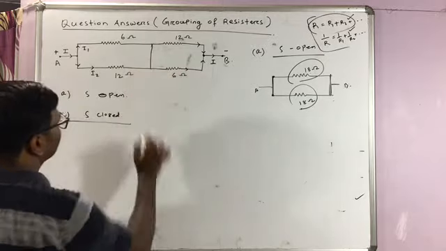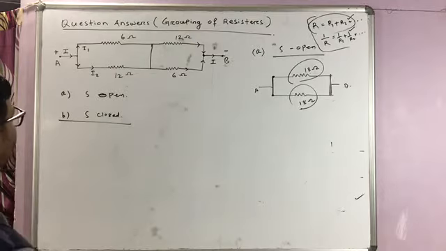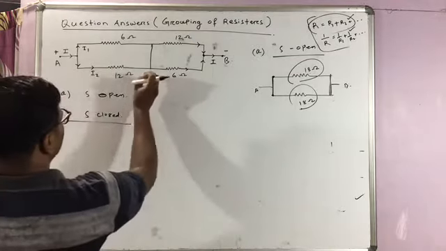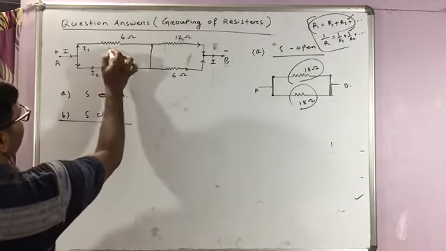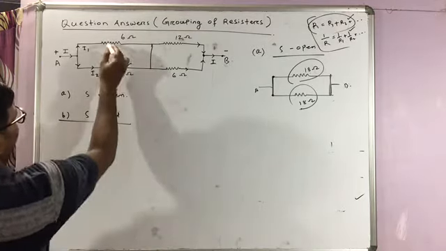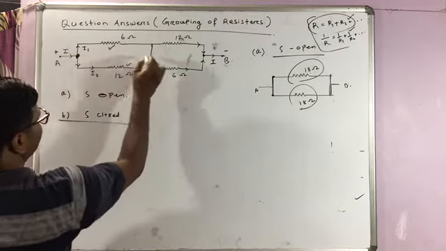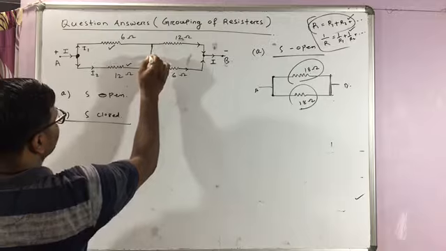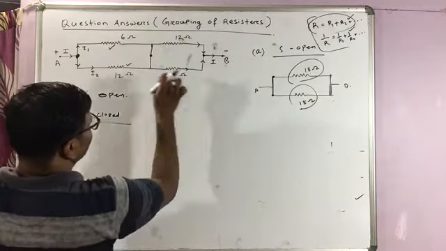Got? So in that case, you see here, again in the same manner, all of you just see, this 6 ohm and this 12 ohm, their one end are clubbed together and the other end clubbed together here. The same thing applies for this 12 and this 6.